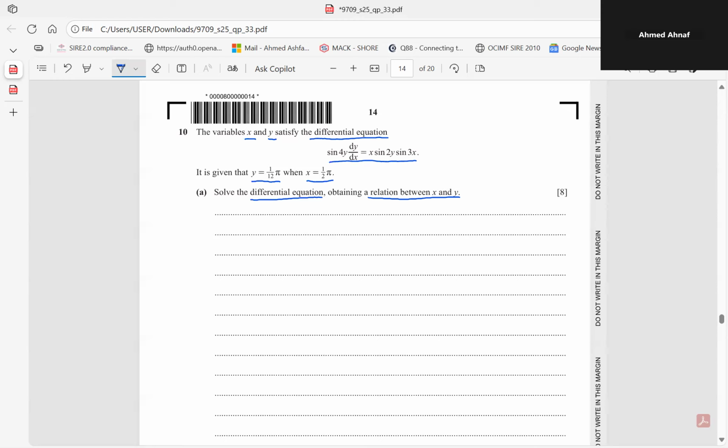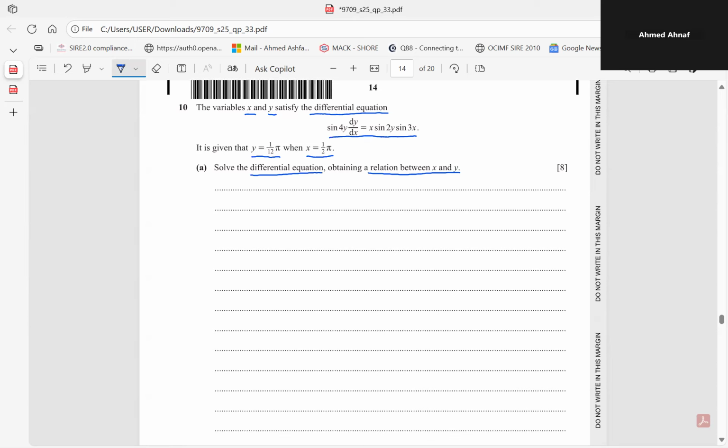So we don't have to make either x or y the subject. Okay, so let's write down the differential equation. So sine 4y dy dx equals to x sine 2y sine 3x.